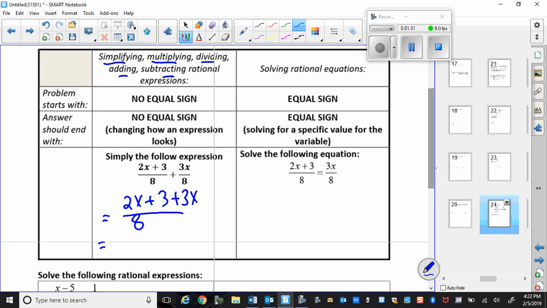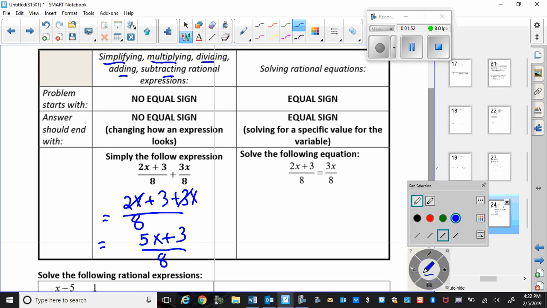This equals 5x, 2x plus 3x, 5x, plus 3 divided by 8. So this is going to look a bit different when there's an equal sign and not some operation between the two rationals. So what we do is we can cross multiply.